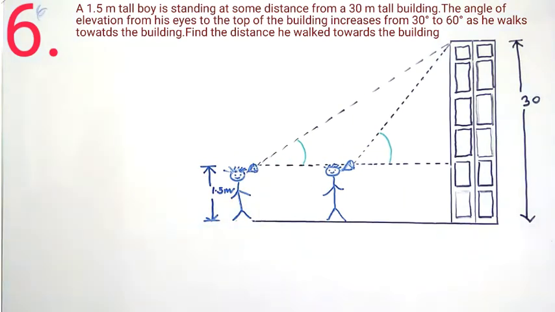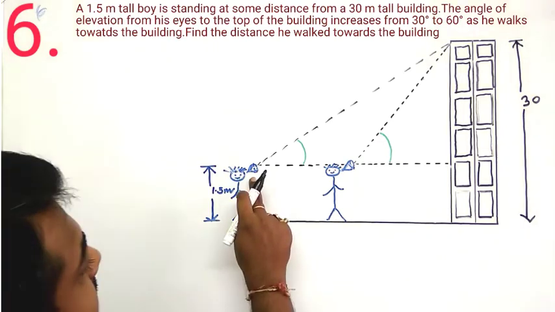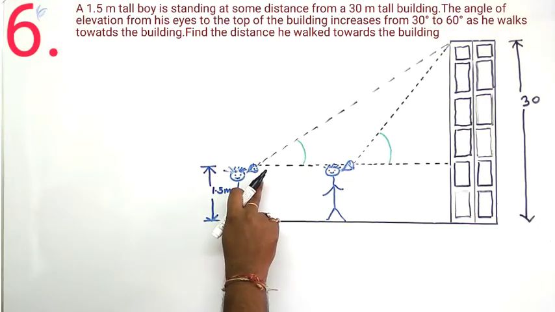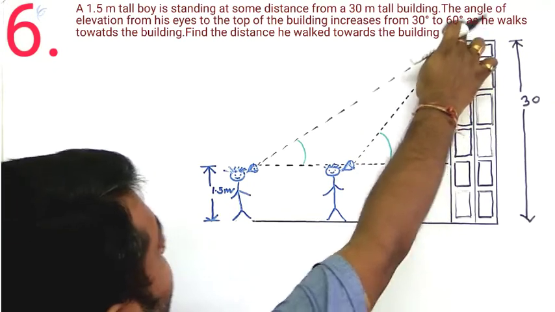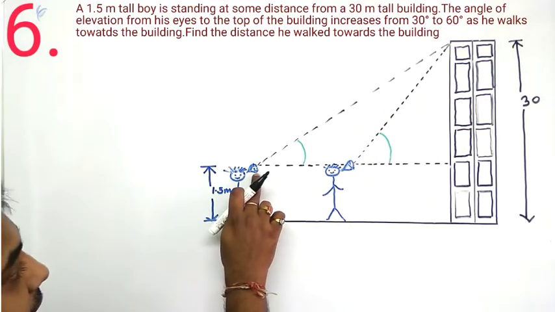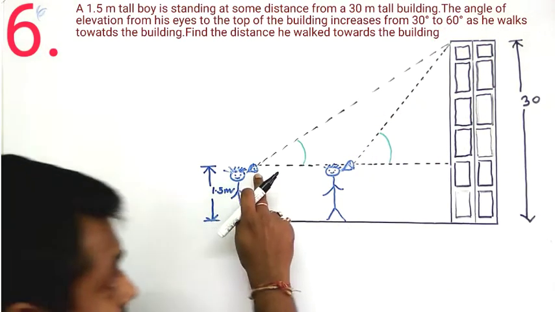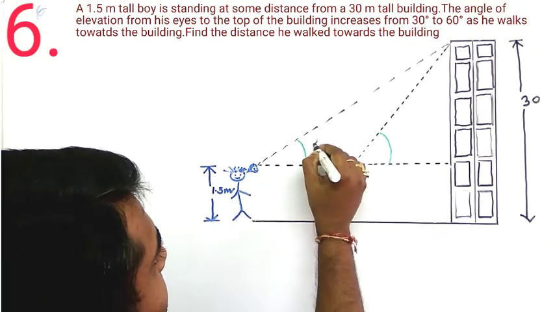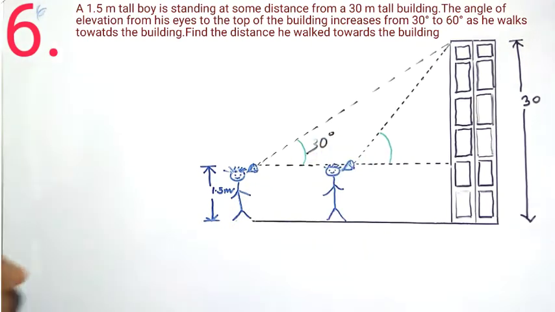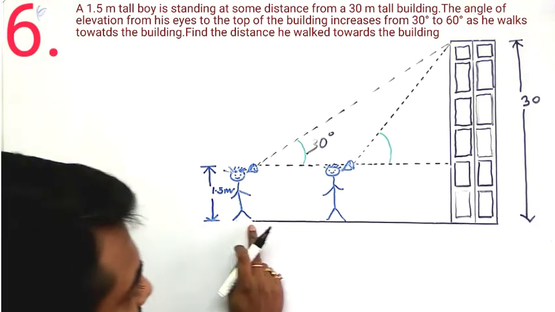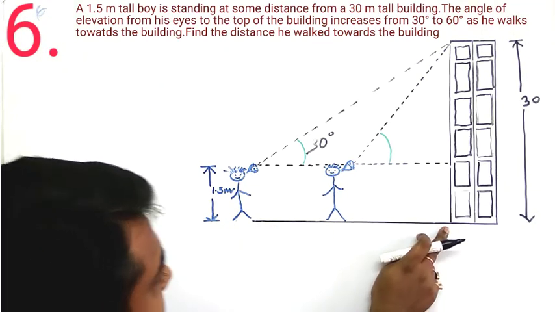The angle of elevation from his eye to the top of the building increases from 30 degrees to 60 degrees. This boy is watching the top of the building, so his eye will be here and the angle of elevation here is 30 degrees. Now the boy walks towards the building.